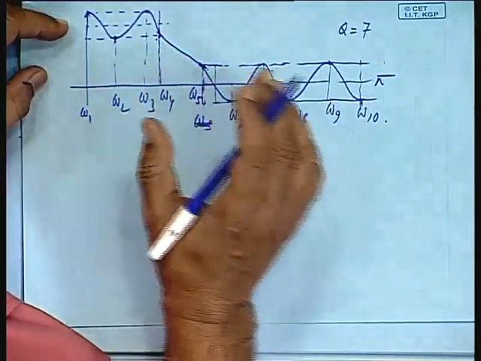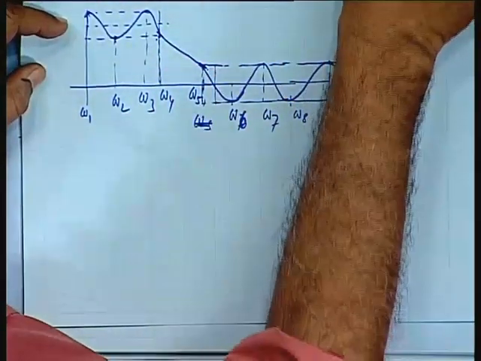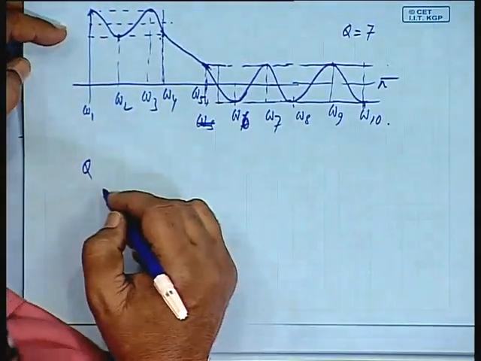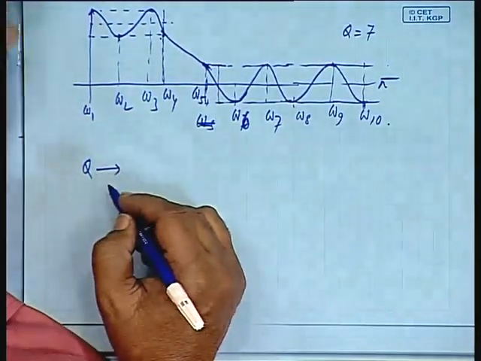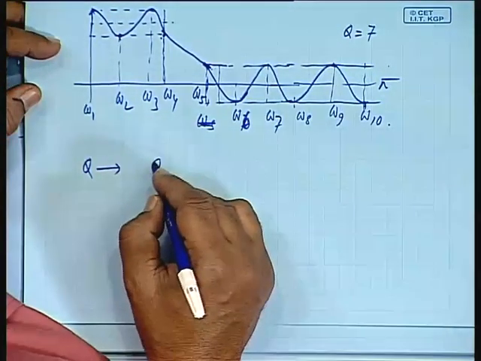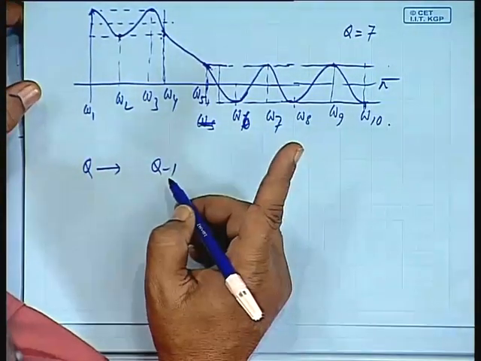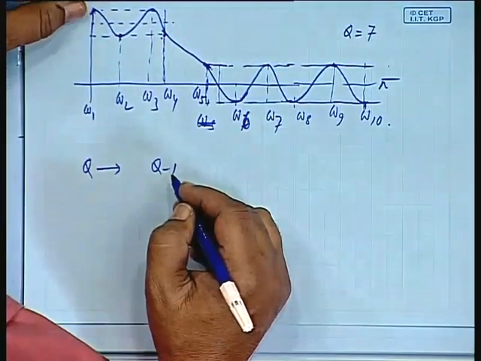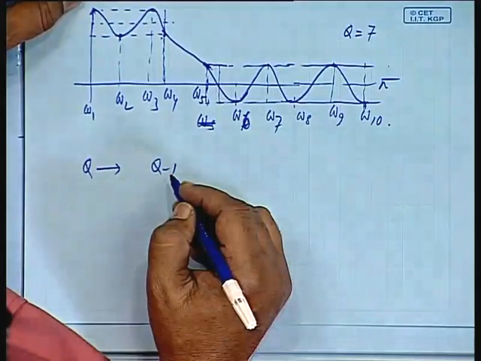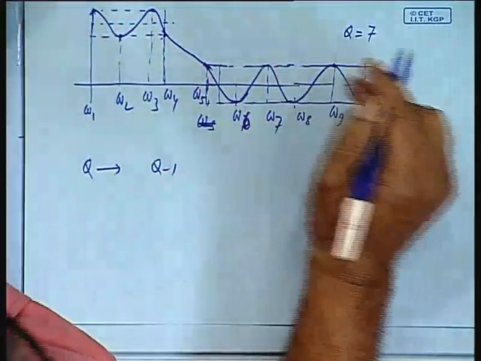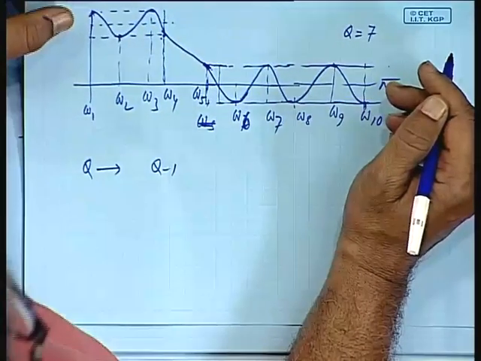Now, in an open set, for a polynomial of degree q, how many maxima and minima will it have? Q minus 1, and then you can have 4 extremes, 0, pi, omega s and omega p.